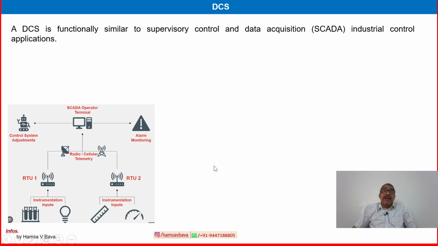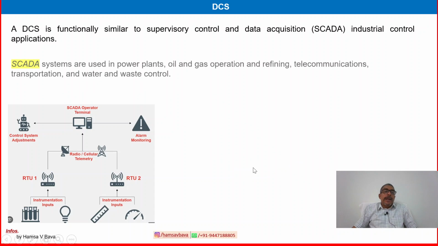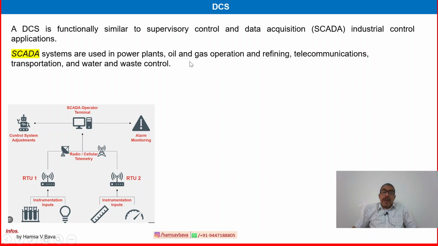SCADA and DCS are almost similar, but there is a large difference between a SCADA system and a DCS system. SCADA systems are used in power plants, oil and gas operation, refining, telecommunication, transportation, and water and wastewater. Wherever DCS is used, SCADA can also be used, but there are some differences.